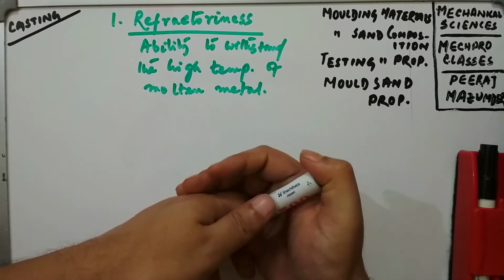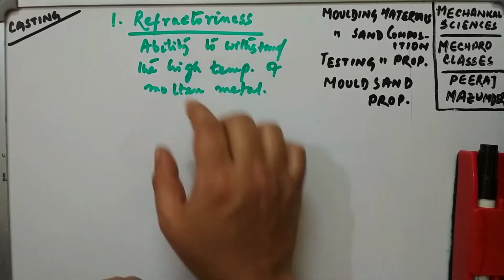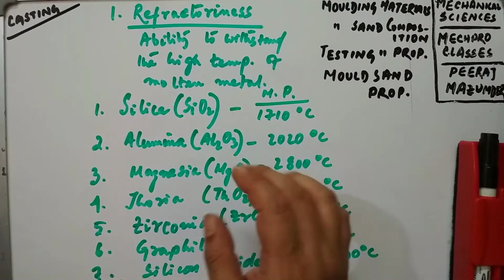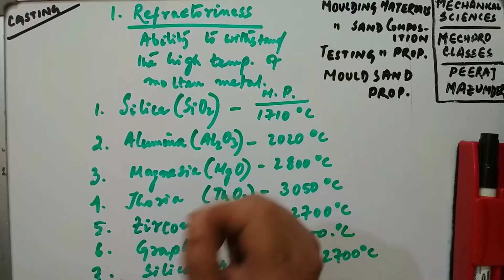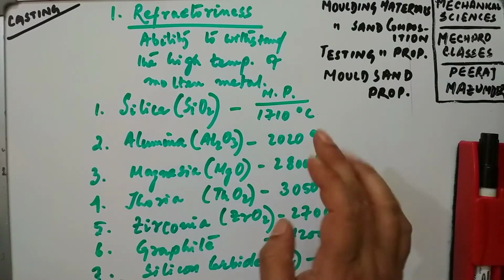Okay, so now I will give you some data on refractoriness of different materials. You can see over here, silica is the most commonly used refractory material for molding purposes. Now you can see the right hand side shows the melting point.